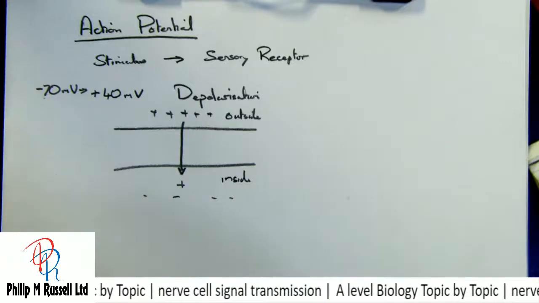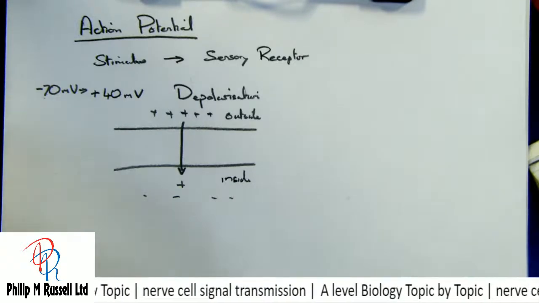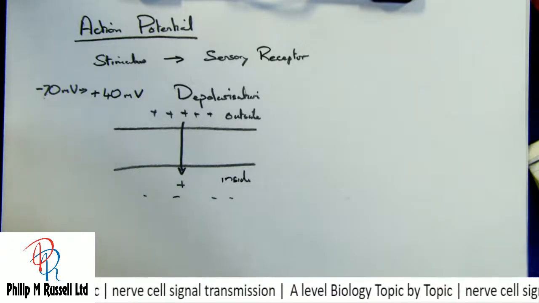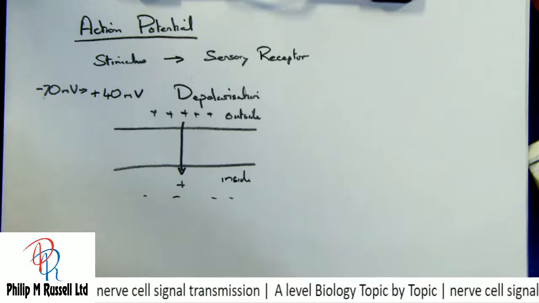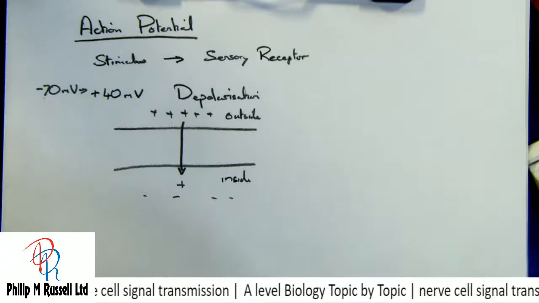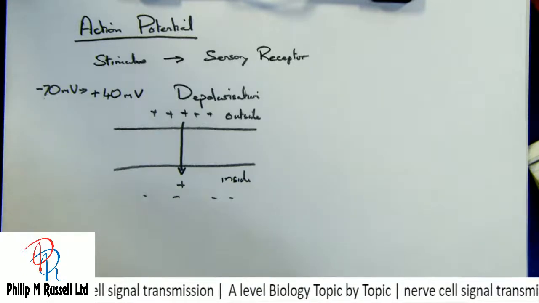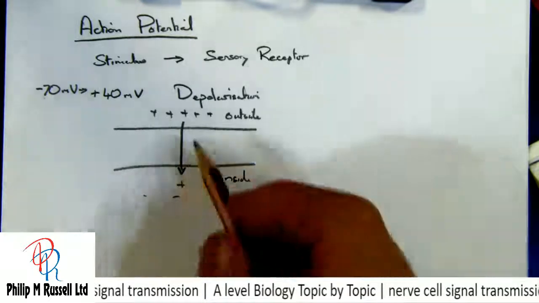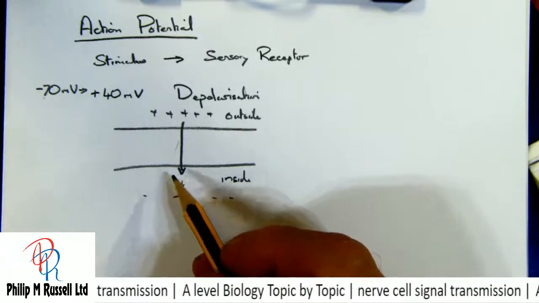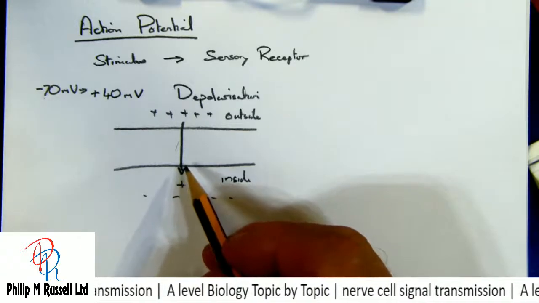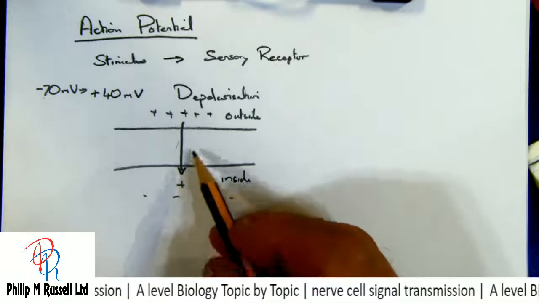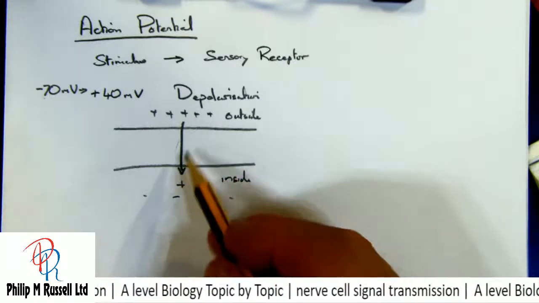So an axon has a resting potential. When something happens, this action potential occurs, the protein channels in the axon membrane change shape, and it allows these ions to move across the membrane, and we get a change in voltage. So the change in shape gives us a change.